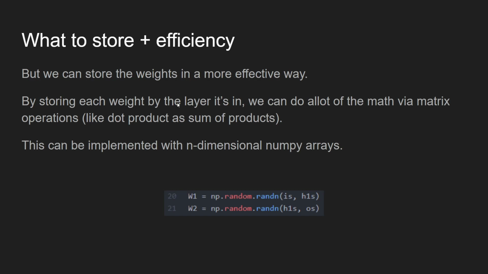I know what this is, and this is how we store our weights. So the best way to do neural networks is through matrix operations. That's why we have NumPy.